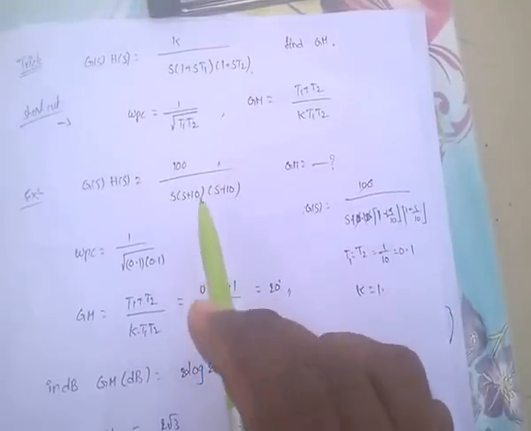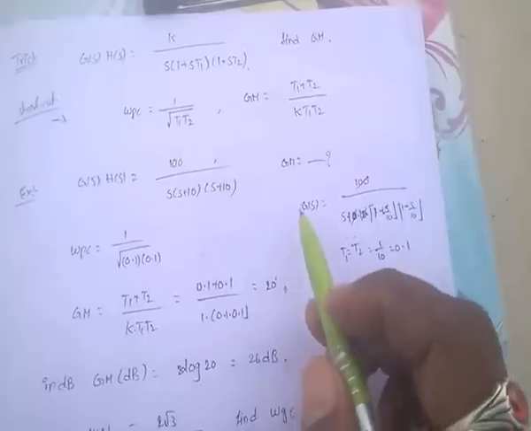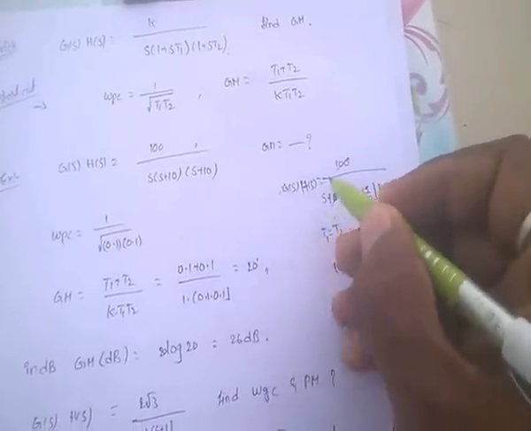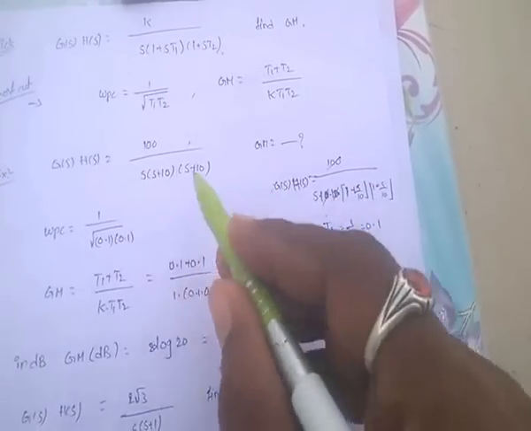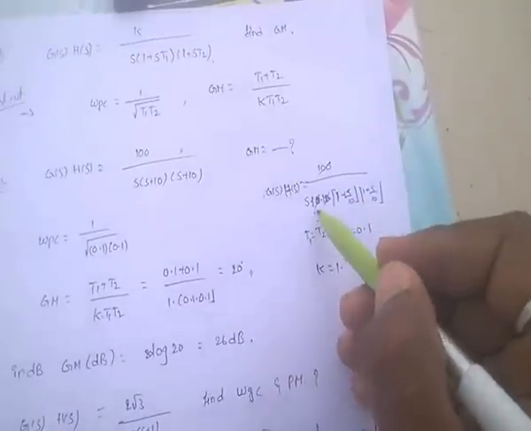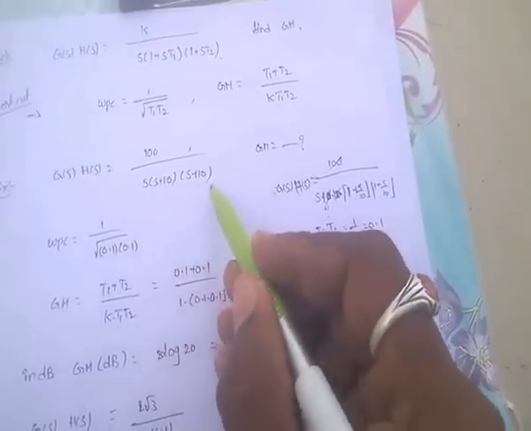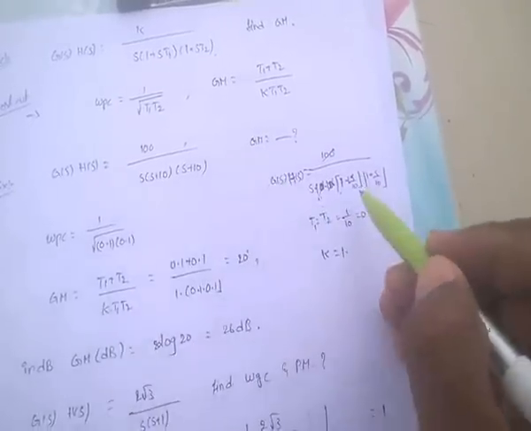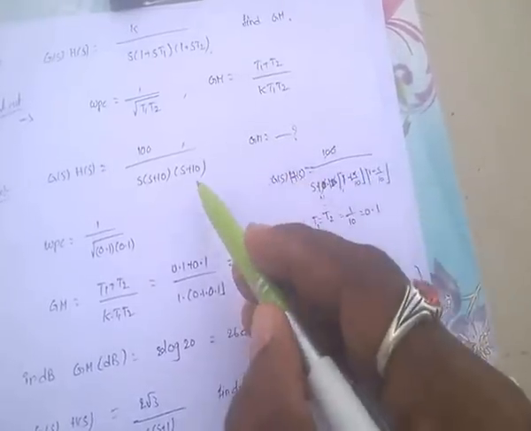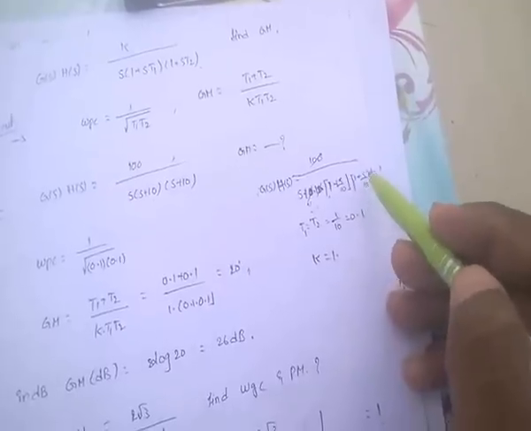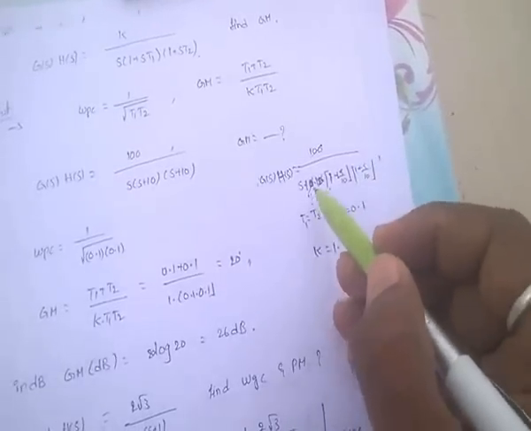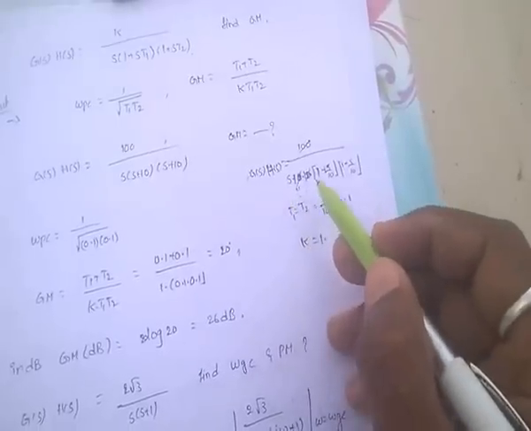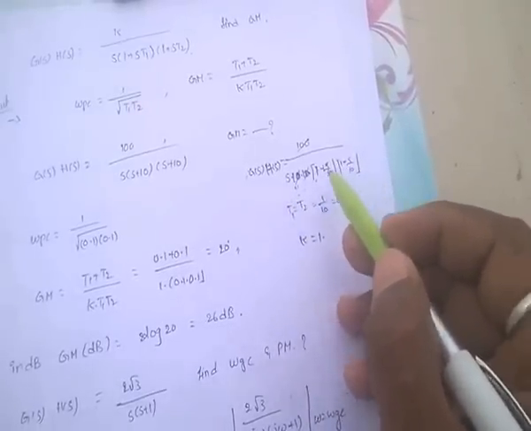To convert this into standard form, G of S and H of S equal to 100 by S into, take 10 as common from here and from here, 10 and 10. If 10 is common, it is 1 plus S by 10, and if 10 is common from this, 1 plus S by 10, then 10 into 10 means 100 cancel, that is 1 by S into 1 plus ST1 into 1 plus ST2.